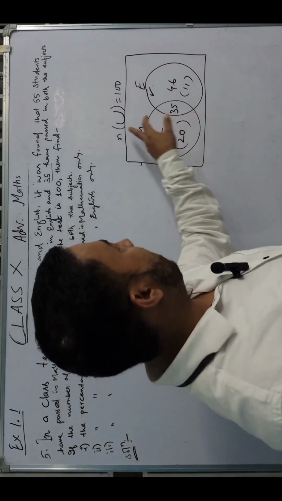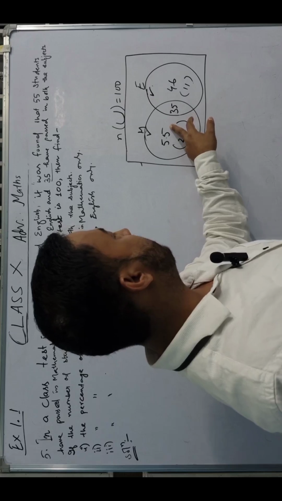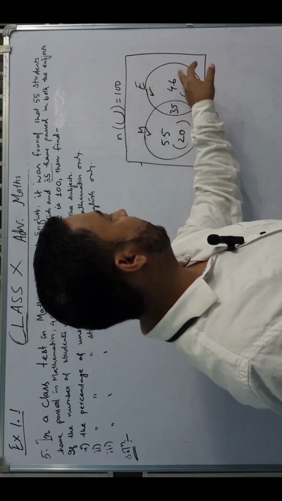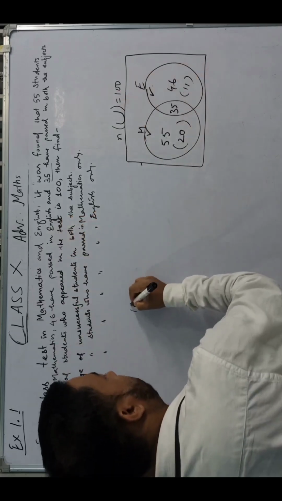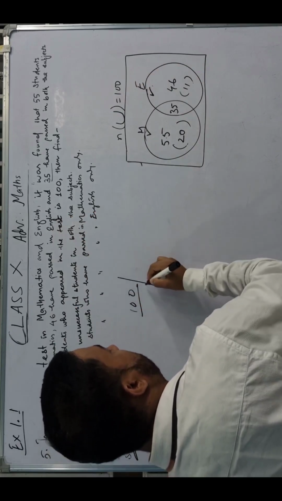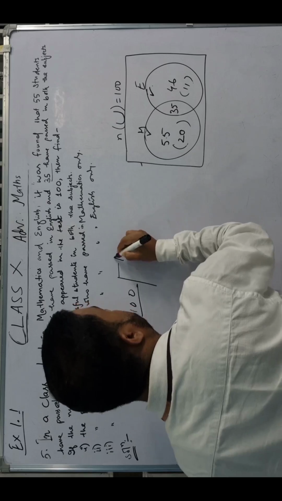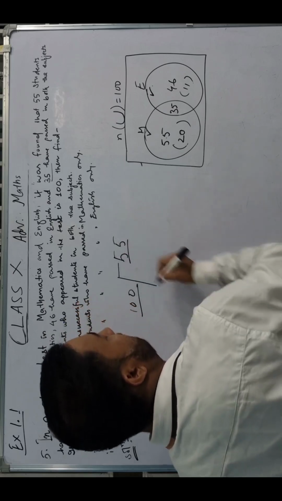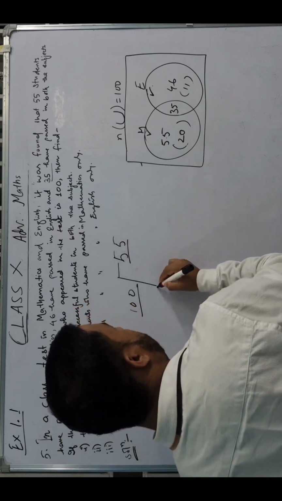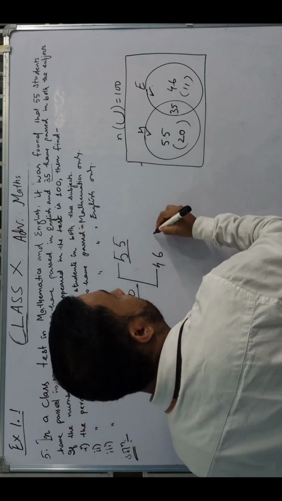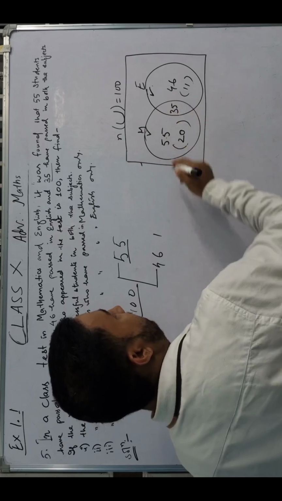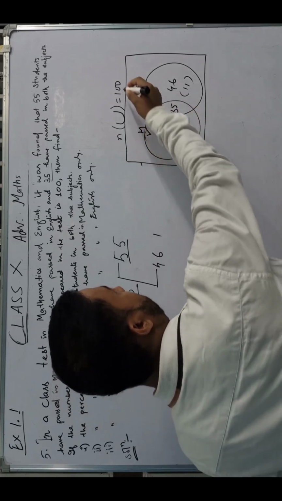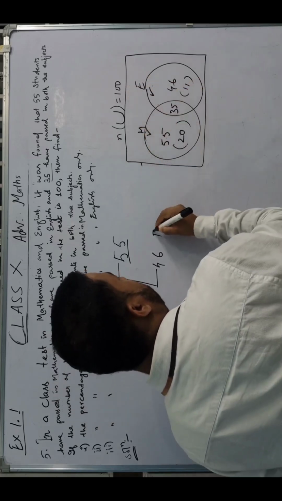Total students were 100. Out of 100 students, 55 could clear the maths exam, and 46 cleared the English exam.